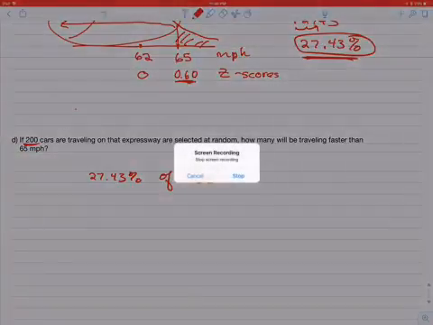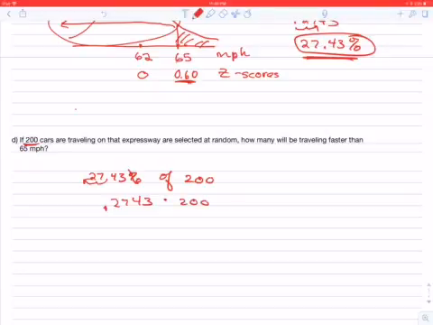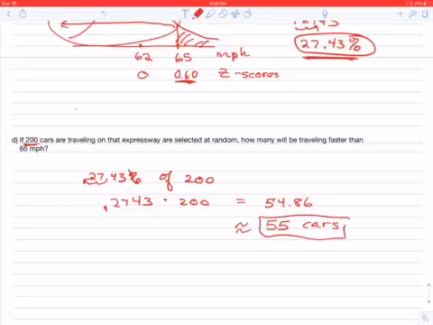So I've got the percent sign, so I move the decimal 2 places to the left. Of means times. So I get 54.86 cars. Well, you can't have 86 hundredths of a car, so I'm going to round it off and say approximately 55 cars out of the 200 were traveling faster than 65 miles per hour.